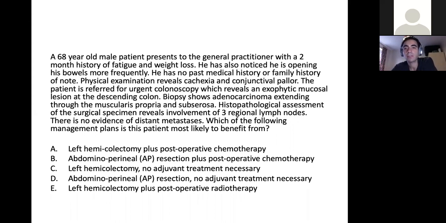The next sentence is telling us there's a change in bowel habit. It says he's cachectic and he's got anemia, and it looks like malignant disease in the descending colon with spread to the lymph nodes.